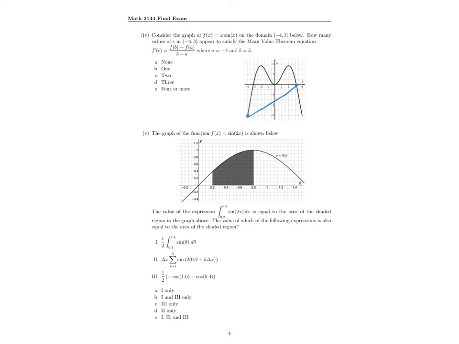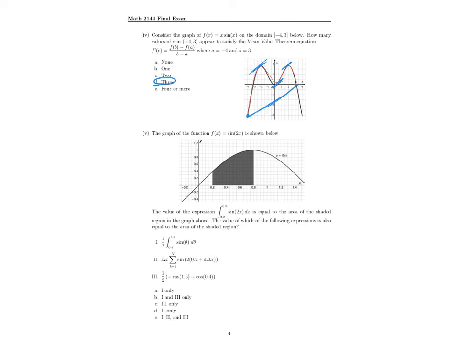As I go along this graph, I want to look for other values in between where I might have a tangent line that is parallel to this line. It looks like it would happen in 3 places, somewhere in here, somewhere here, and somewhere here. So I would say there are 3 places where the tangent line is parallel to that secant line.